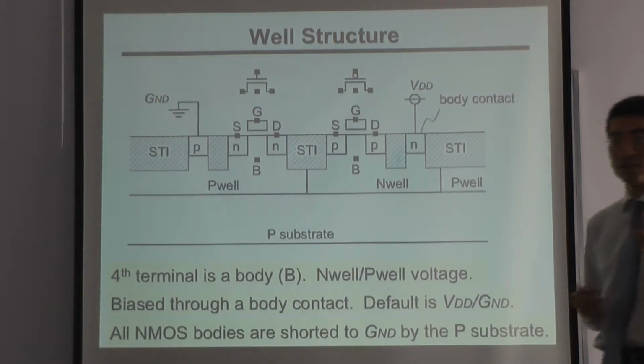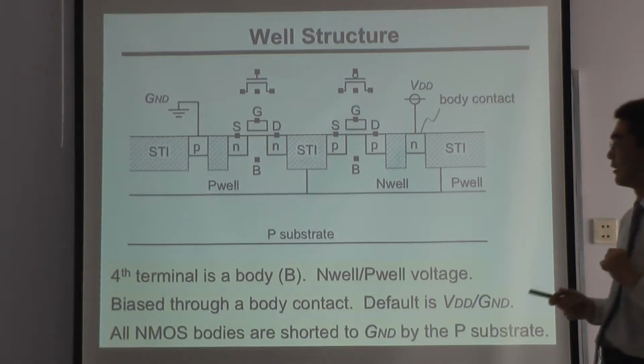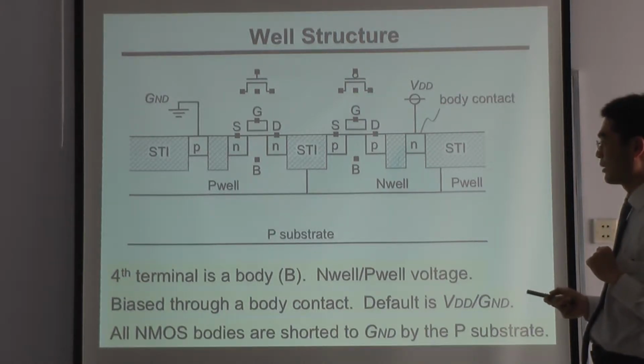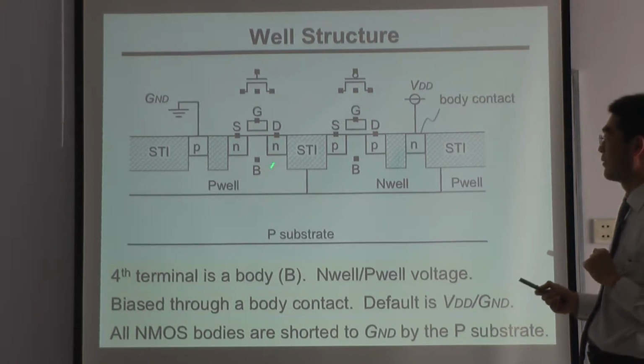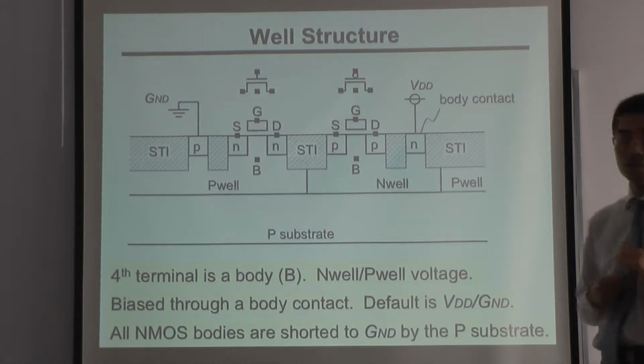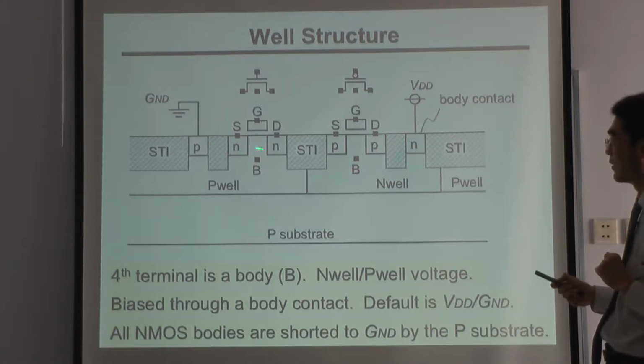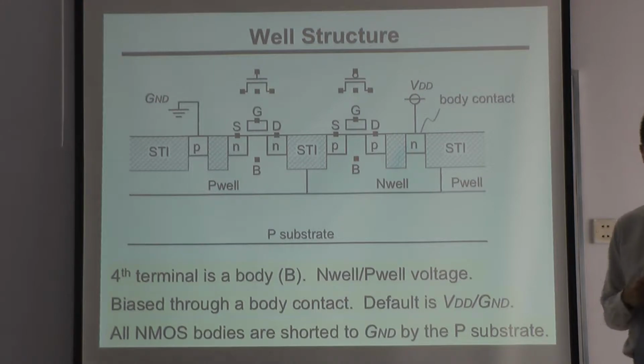And this is a cross-section of transistors. Usually we have a P substrate, and source and drain on it; this is NMOS. NMOS is on a P well, and PMOS is on an N well. And the body terminal means, so usually the P substrate is grounded.